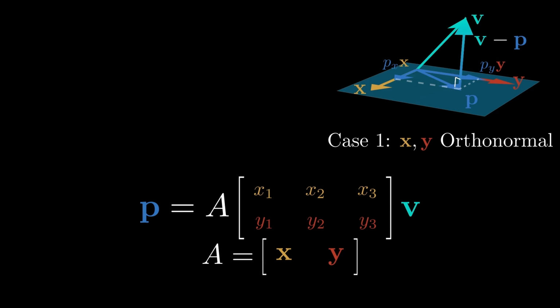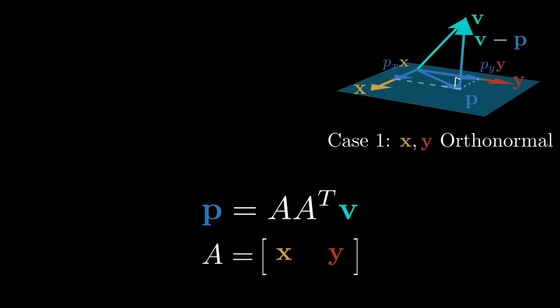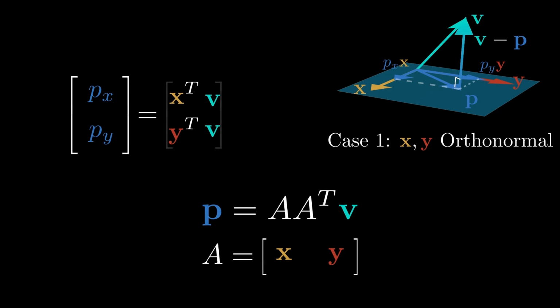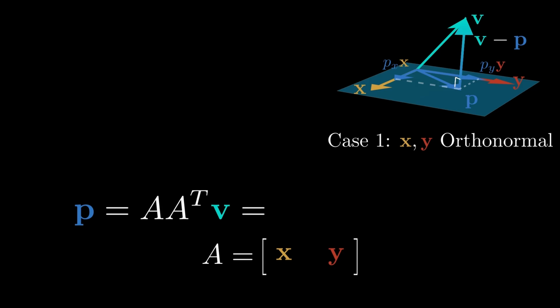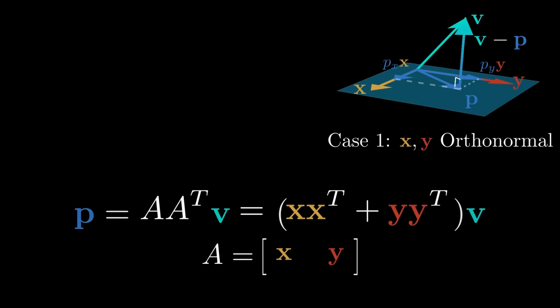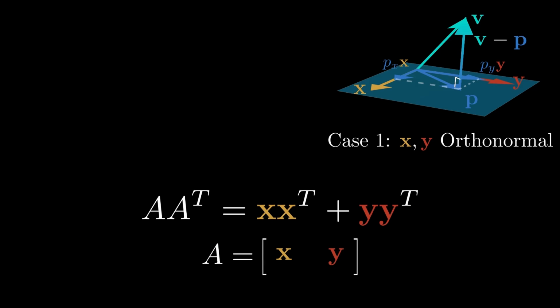Using this definition for A, we can write the overall vector p like this, and we can write the components for p as A transpose v. So our projection matrix is A A transpose, which again looks like an outer product, which is turning out to be a recurring theme. We can also compare this to our earlier expression to reason that this projection matrix is actually the sum of the outer products of each of our basis vectors.